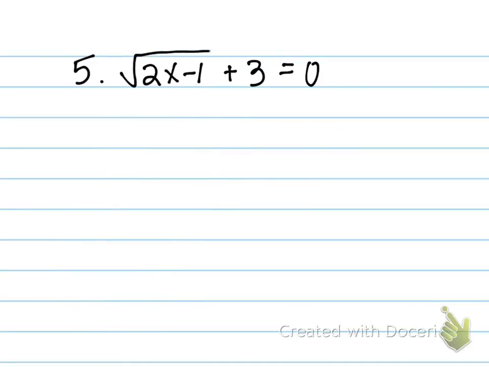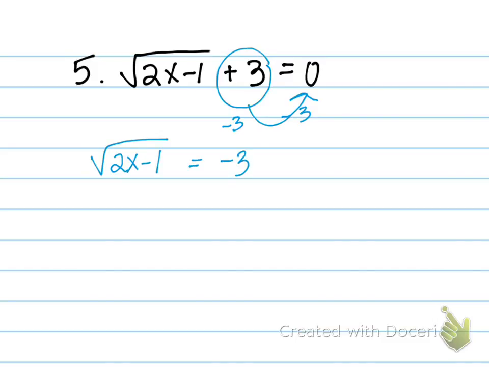The next one, I have this plus 3 on one side, so I want to move that over so that I can isolate the radical term. So I'm going to subtract 3 from each side. When I do that, I end up getting the square root of 2x minus 1 equals a negative 3.